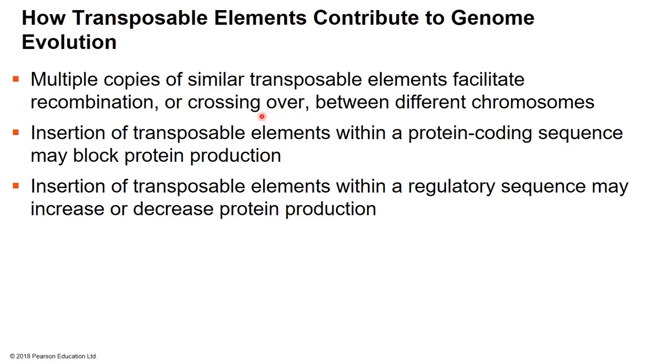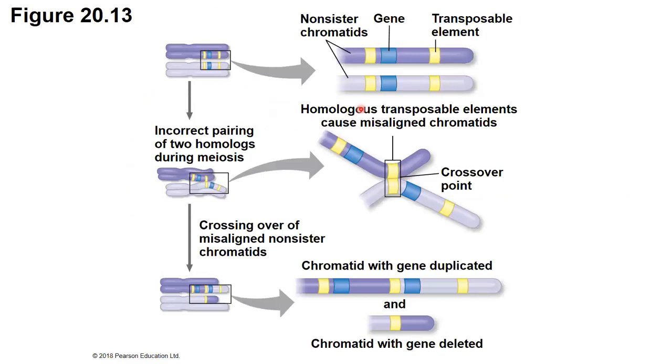So if this crossing over requires the correct alignment between homologous sequences like these, these transposable elements are considered homologous sequences, which means they have identical or very similar sequences, which means the crossing over or recombination can happen between these transposable elements.